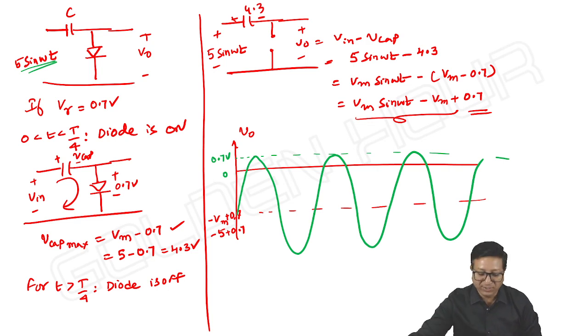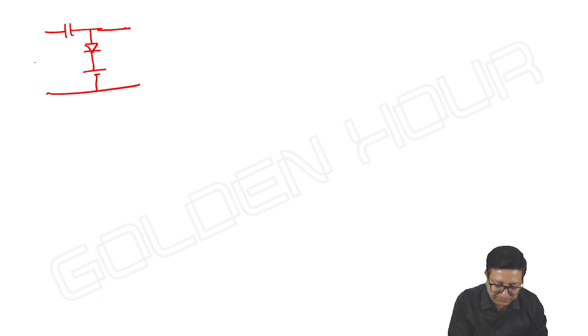That's it. So here, if the circuit is something like this, 5 sin omega t, with some 2 volts reference like this, capacitor, V output.